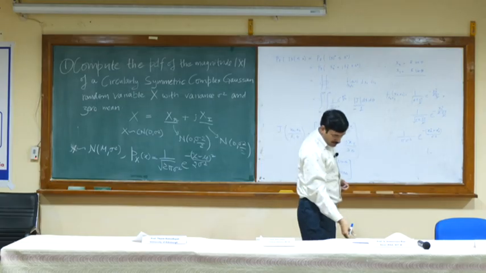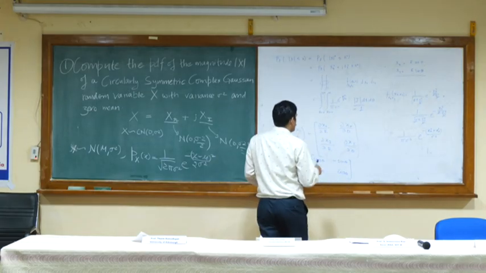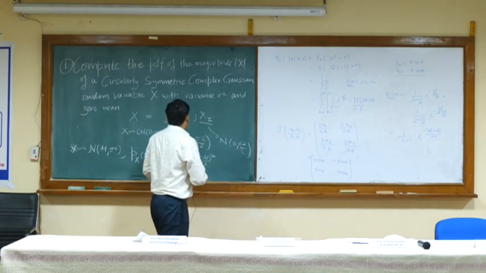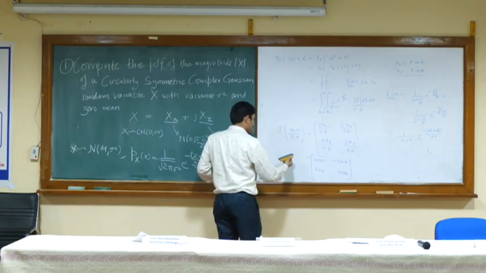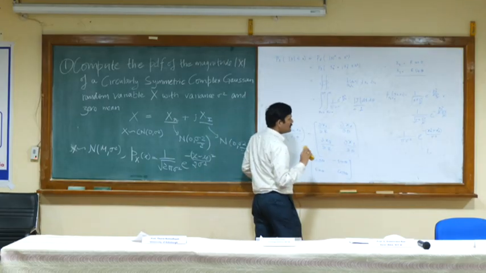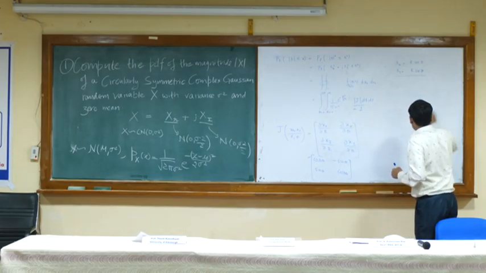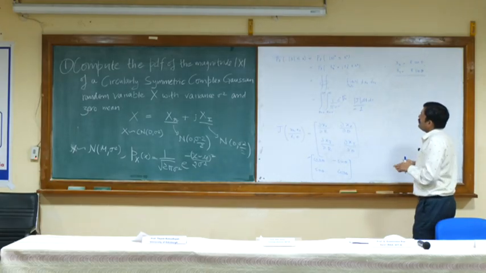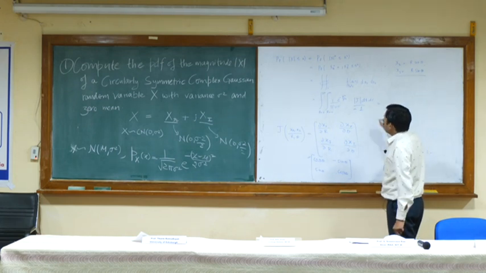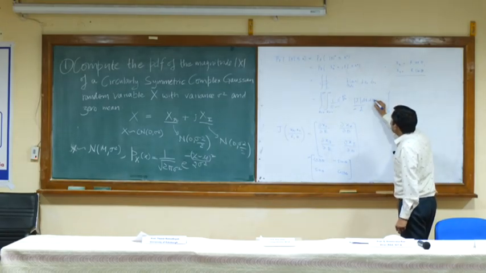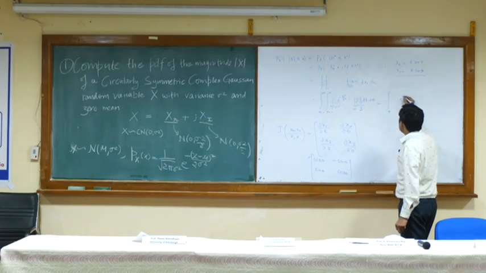So let's clean this up. We will have one integration of theta, and J is 1, e to the power minus r square divided by sigma square.